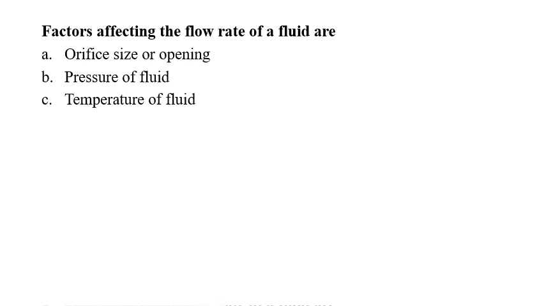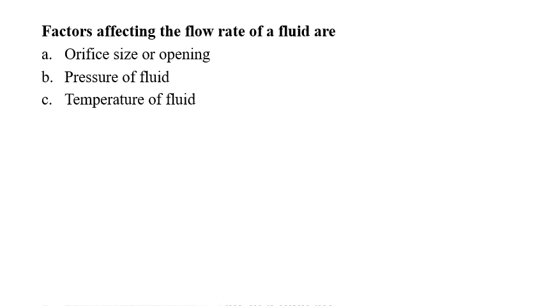The first one is orifice size or orifice opening, through which we can control the flow rate of the fluid, whether it is fast or slow, by partially opening or partially closing the orifice. In this way, we can control the flow rate. Pressure and temperature of the fluid also directly affect the flow rate.